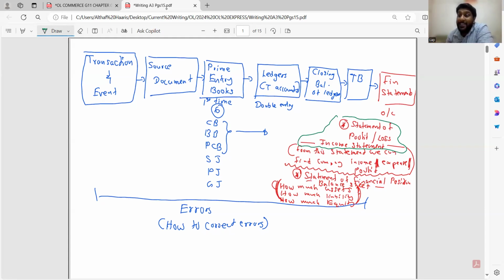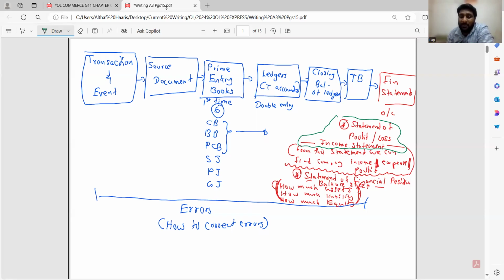Second one is the balance sheet, the statement of financial position. Position of asset, position of liability, position of equity.